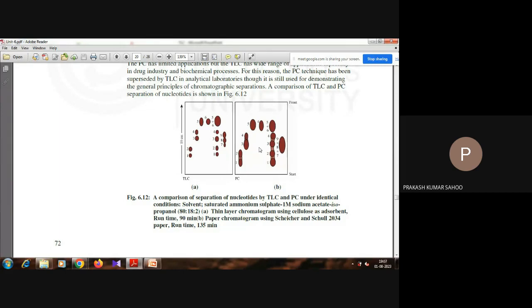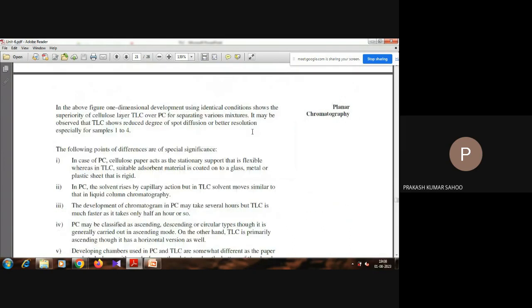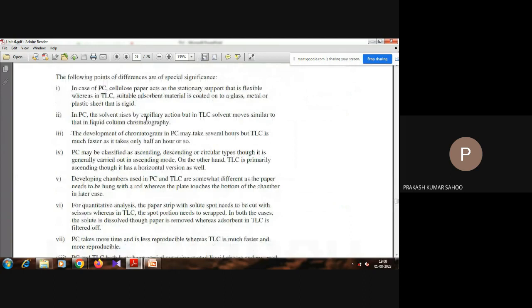And B is the paper chromatography using Schleicher and Schuell 2034 paper. Runtime is 135 minutes. So these are the distinct differences. That is how TLC is more effective than your paper chromatography. So these are the points of difference.